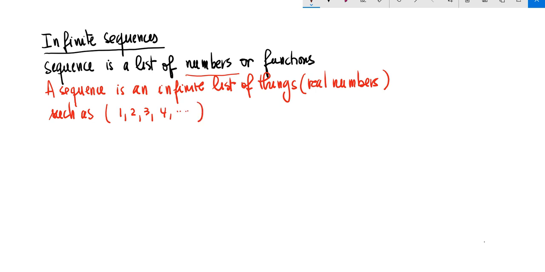So this keeps going. This is like a counting number. It keeps going indefinitely. But let me finish the definition here, which are written in a definite order.